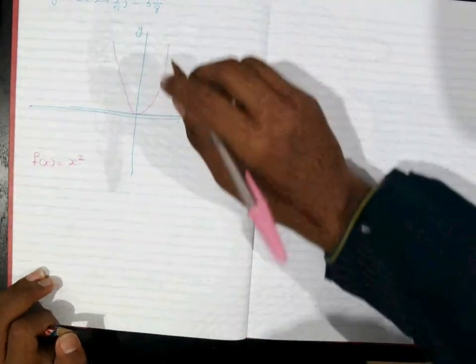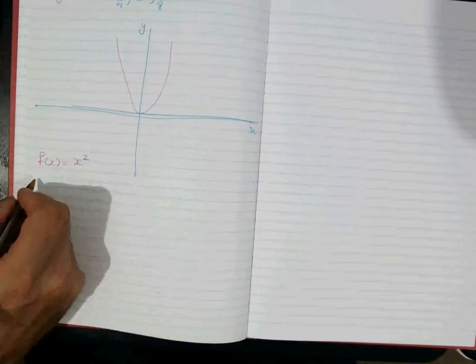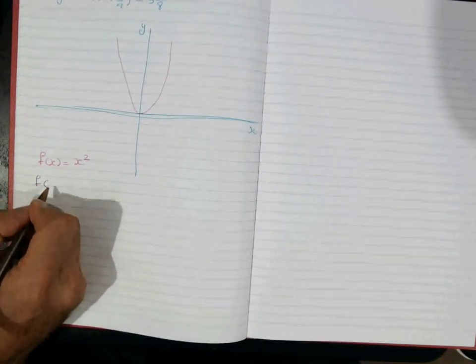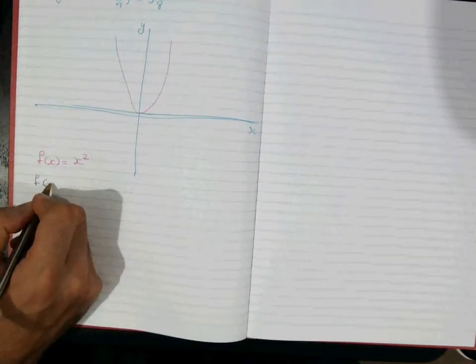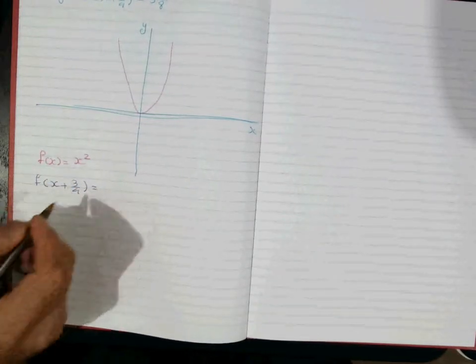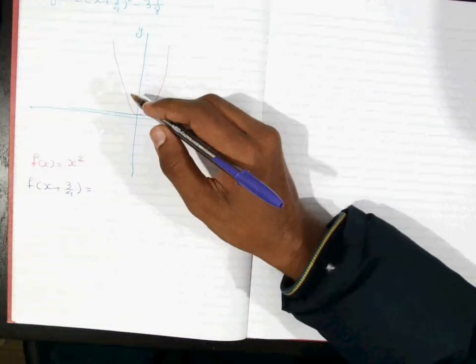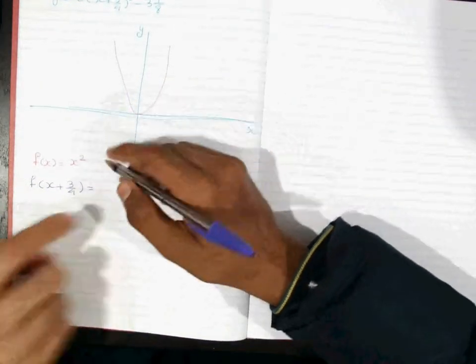Okay, approximately that, that's fine. Now, the next one, we change the color. This time I want, first of all, for you to tell me what is f of (x plus 3 over 4)? What is that? f of (x plus 3). I write it in here first. What would be that?